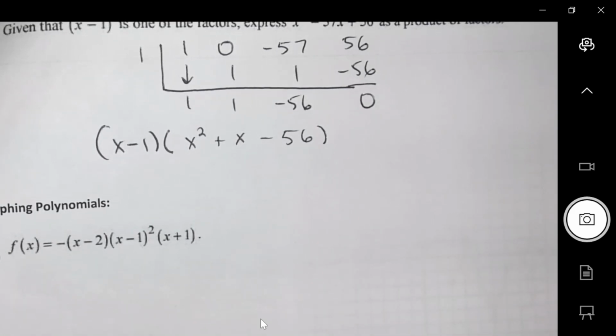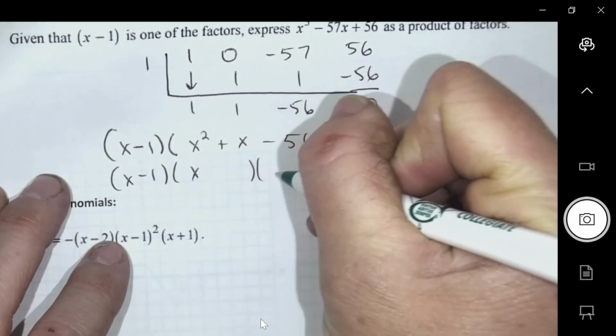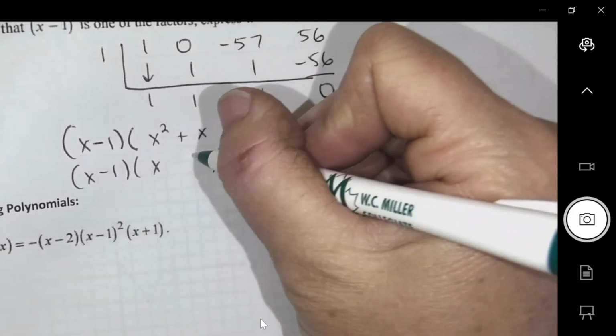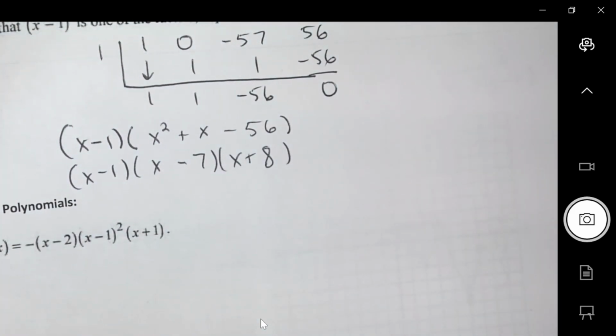Then, can you break that down by hand? Multiplying to 56. 7 times 8. I need a plus 1.